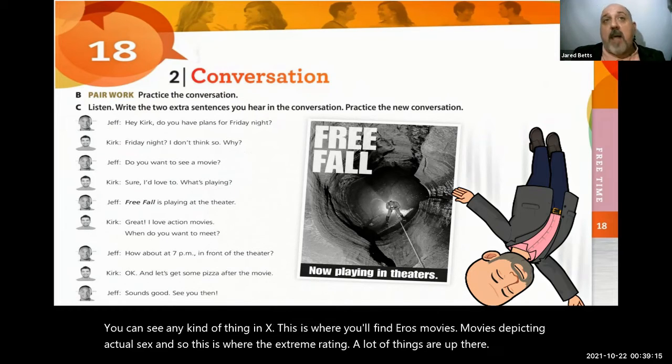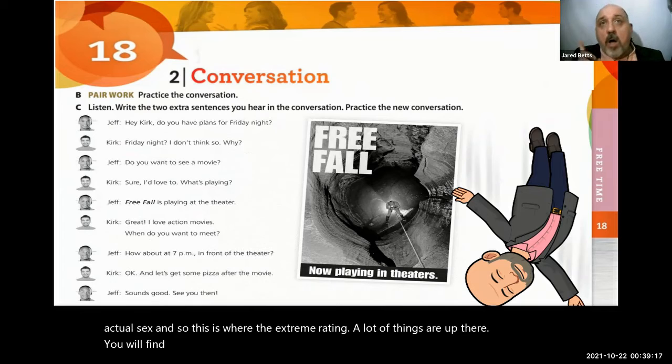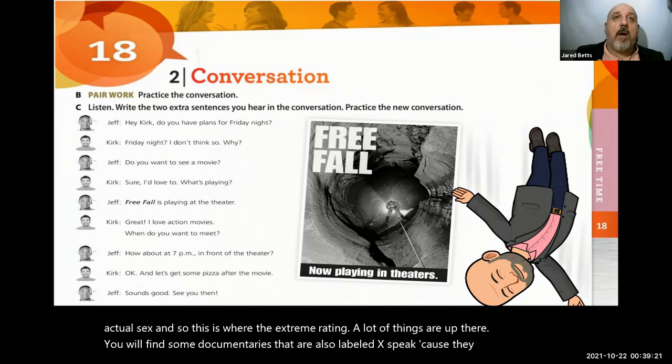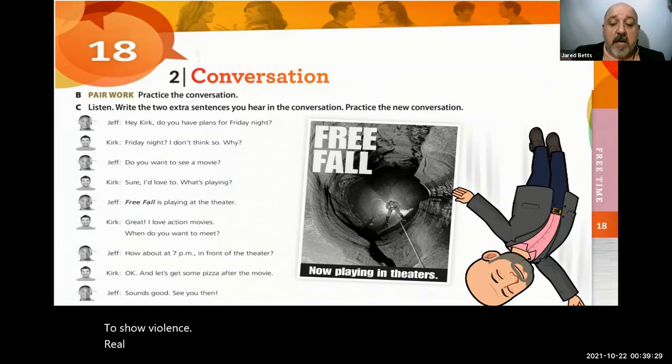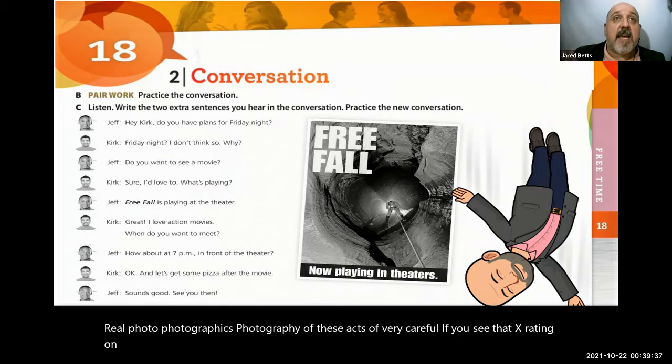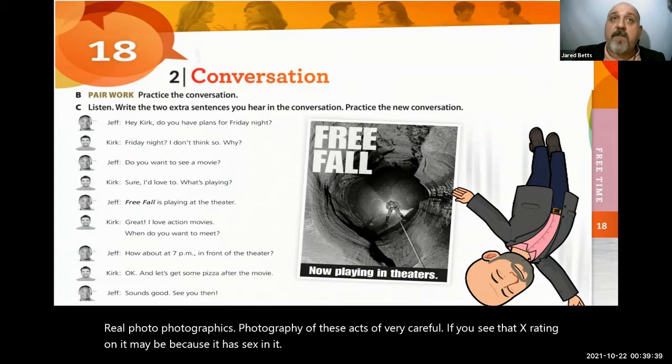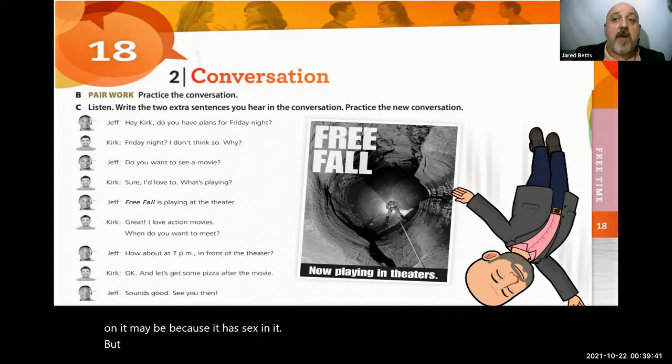You will find some documentaries that are also labeled X because they actually show people dying, they show violence, real photography of these acts. So be very careful if you see that X rating on it. It may be because it has sex in it, but it may be for other reasons as well. So be careful with that.